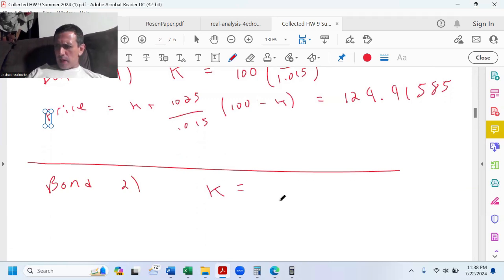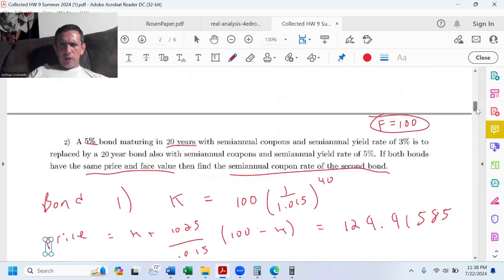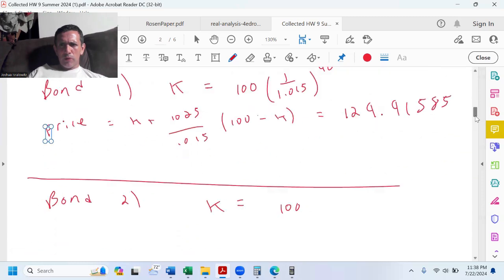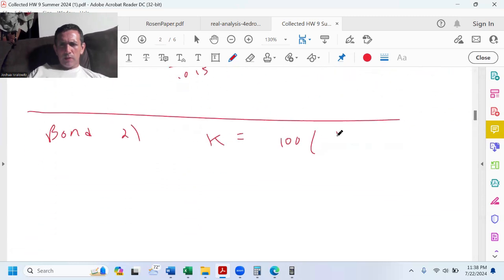So here my K is, here the yield rate is 5%, so divide by 2, 2.5%. So they have the same price. So this is going to be K plus, we don't know what R is.